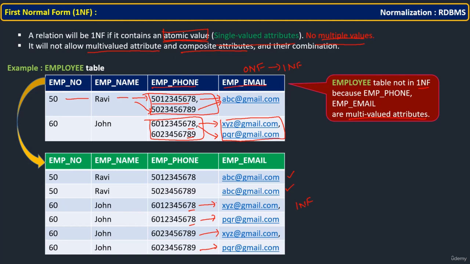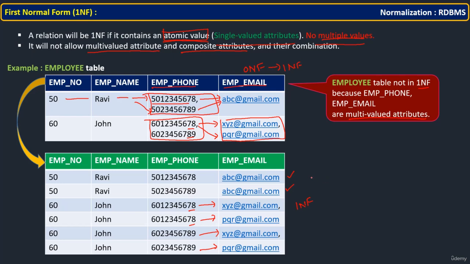By default, every relation in the relational model must be in the first normal form. That is what we have to ensure. So this is the first normal form. If you want to go for the second normal form, always cross check whether there is any multi-valued attribute or not. If any cell has more than one value, then it is not in first normal form.